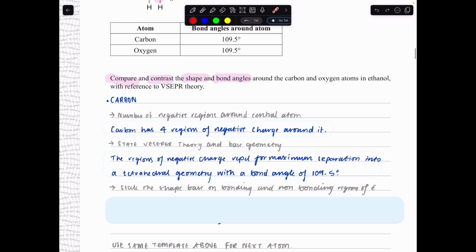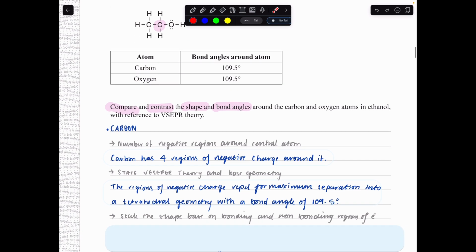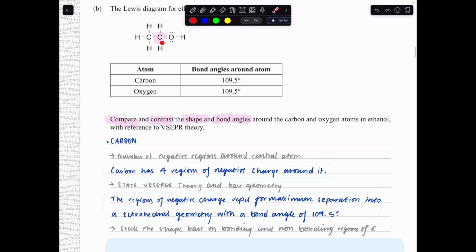Next, you're going to state the shape based on bonding and non-bonding regions. It's important to know that shape is different to geometry. Geometry is based on the number of negative regions around an atom, whereas shape is dependent on the number of bonding regions and non-bonding regions. As you can see here, all of these regions are bonded.